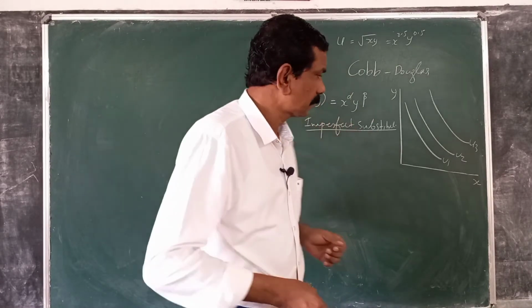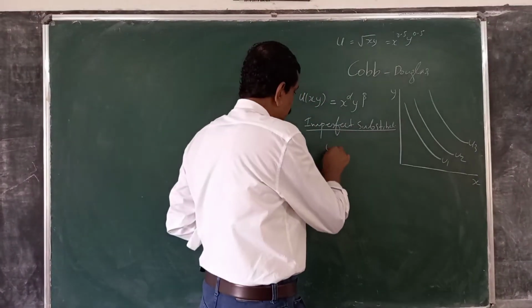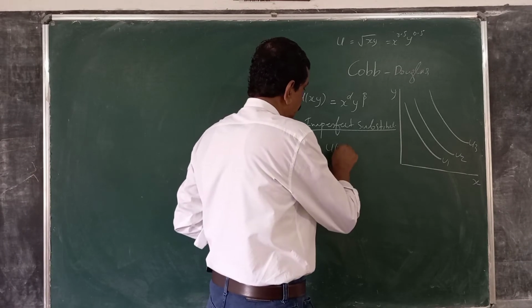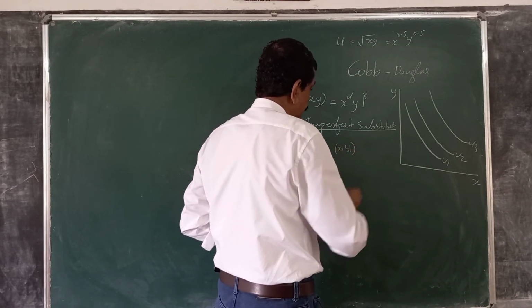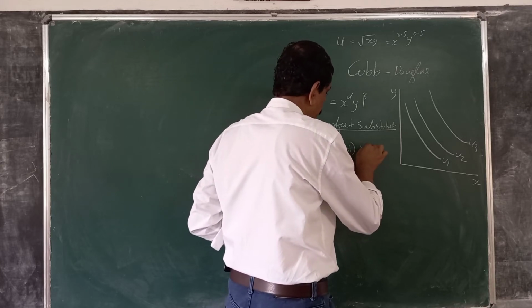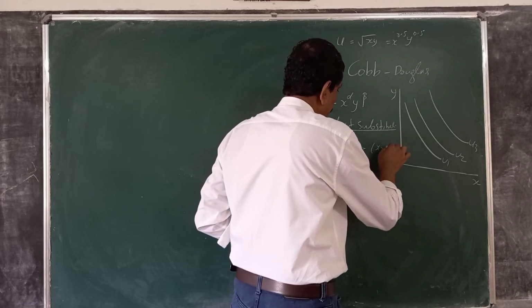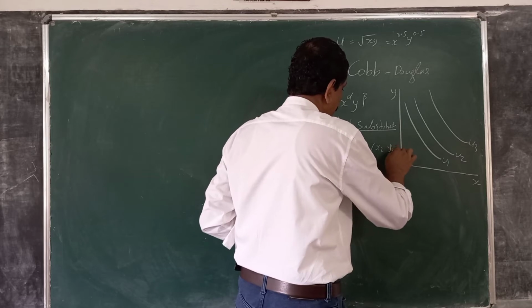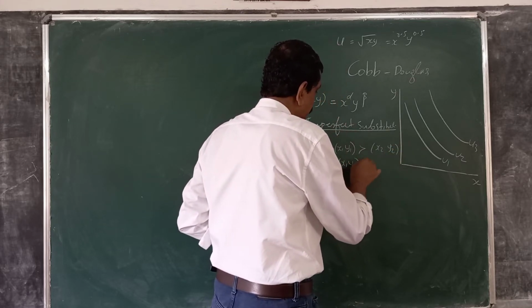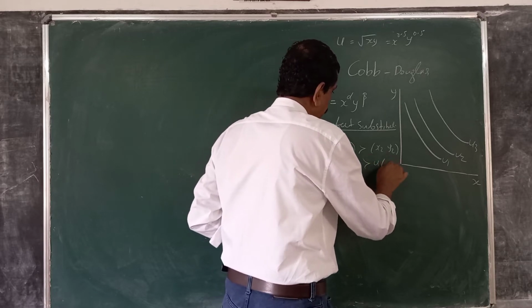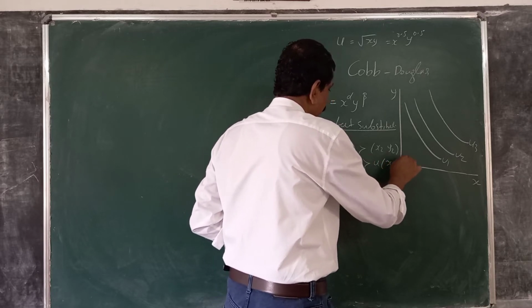That is, as we have seen, combination x1 y1 is preferred to combination x2 y2 if and only if u of x1 y1 is greater than u of x2 y2.